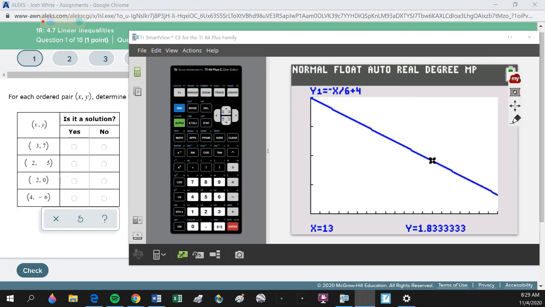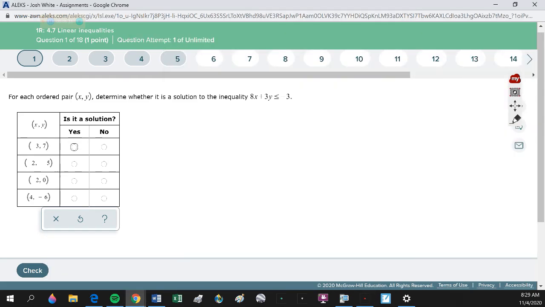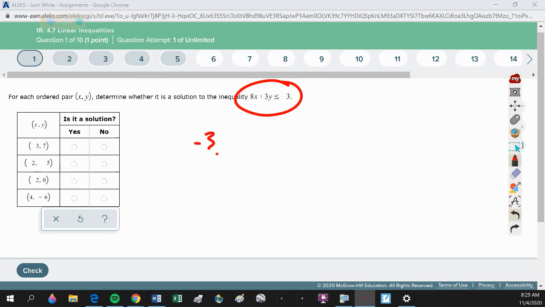Let's look at our assignment today. So, we have an inequality here. We could graph this, and we will in just a minute on a different set of problems, but it wants to know, is the point negative 3, 7 part of the solution?